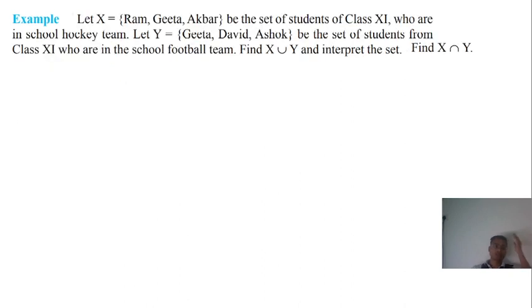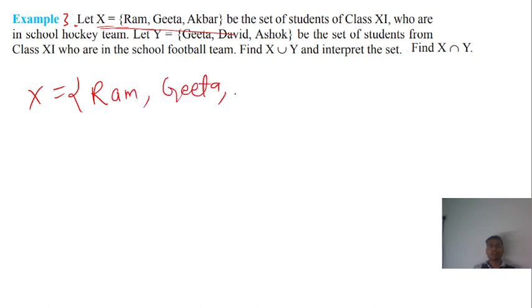Coming to example number 3. They give us three sets. Set X has three elements: Ram, Geeta, and Akbar. They are students of class 11 who are in the school team.